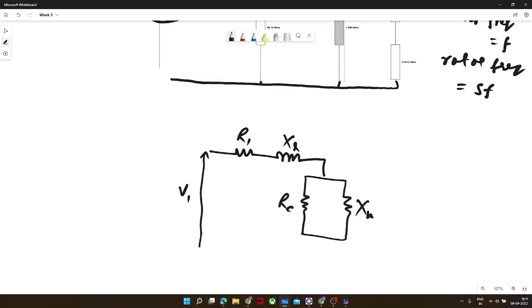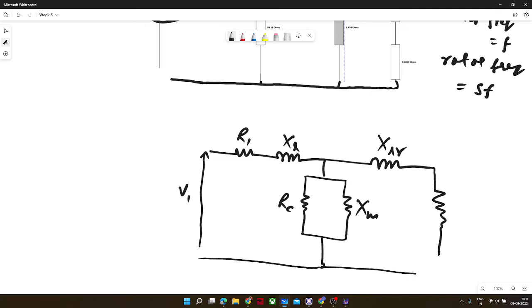This is magnetizing inductance or reactance, and XLR, rotor side, and this is R2 dash by S. Okay, so here XLR is a function of F.